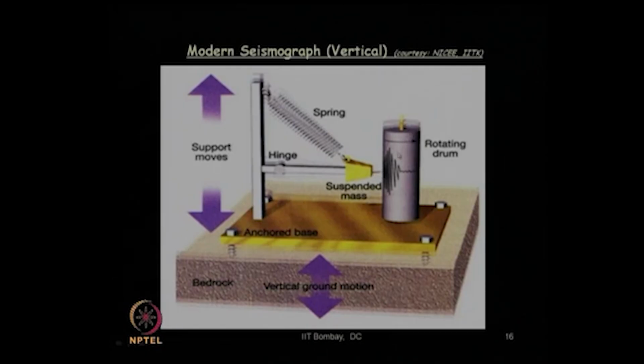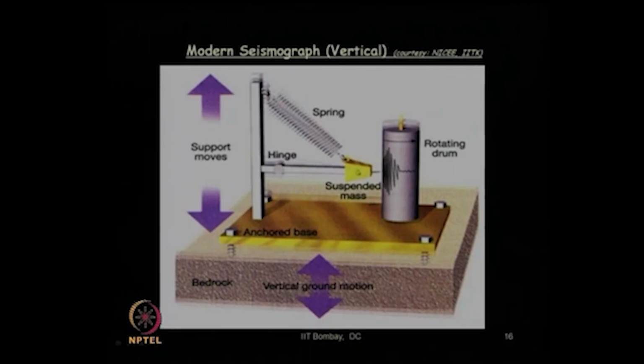This drum is surrounded by white paper, and it can rotate. So, when the ground moves in the vertical direction during an earthquake, this support also will move, and automatically the mass connected to this support also will move in the vertical direction like this.